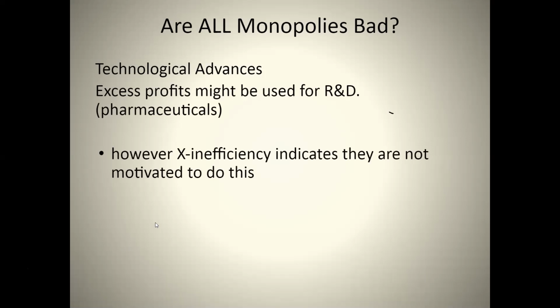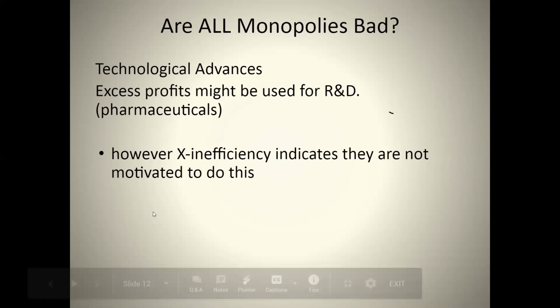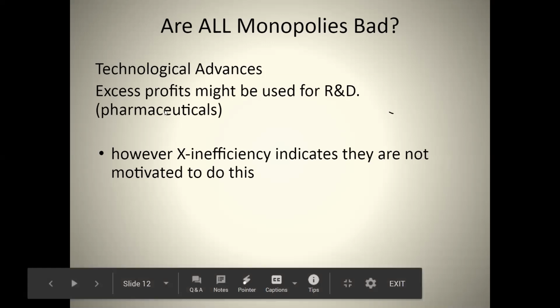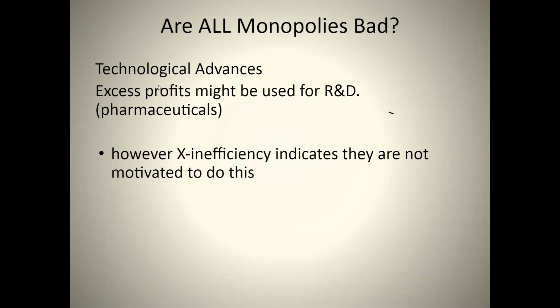Remember, they weren't motivated to rock the boat, make changes, and they might let complacency enter into the industry. And so for a variety of reasons, we're not guaranteed that these excess profits would be used in ways to actually create technology advances. They might be just used to satisfy stockholders or a variety of other things.